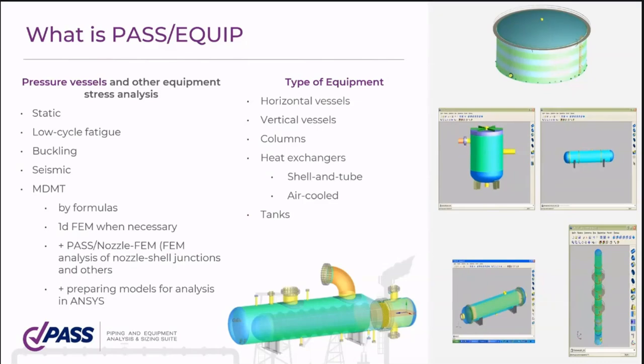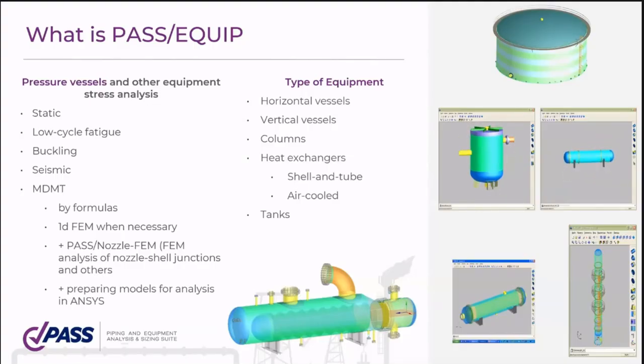Static analysis, first of all, of course, but also load cycle fatigue analysis, bottleneck analysis, seismic analysis, and MDMT calculation. The analysis is made by formulas as prescribed by different codes, mainly, but also in some cases, a 1D FEM model is used.